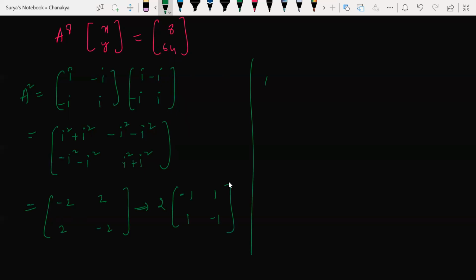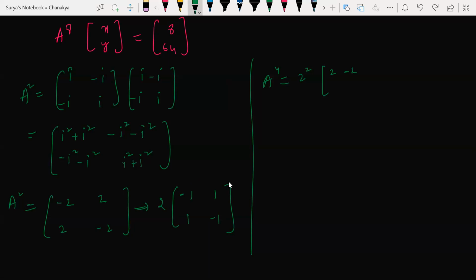Now, A to the power of 4 is what? A to the power of 4 can be written as the square of A square. A to the power of 4 is 2 square times the matrix with 2 minus, minus 2, 2. You get a pattern: A to the power of 2 looks like this, and A to the power of 4 looks like this.